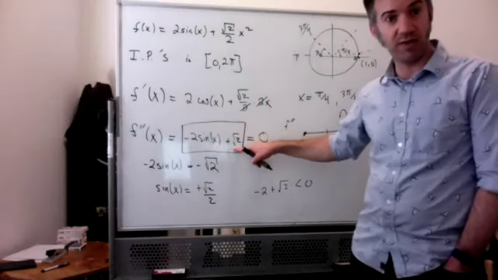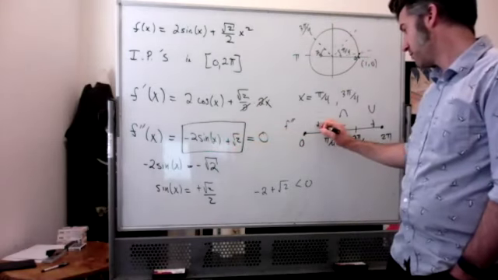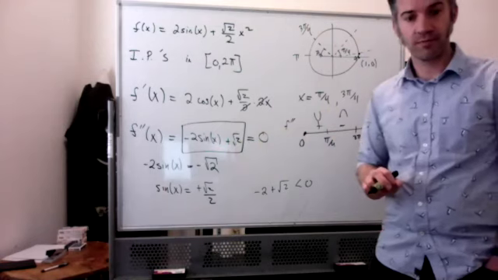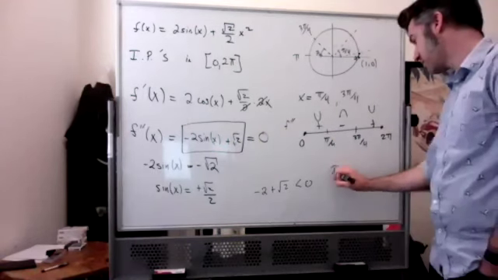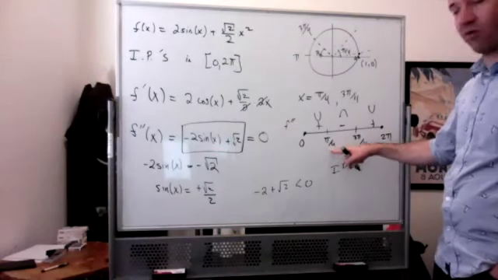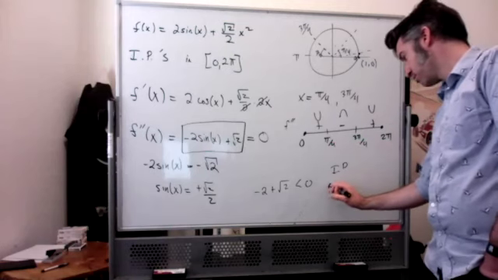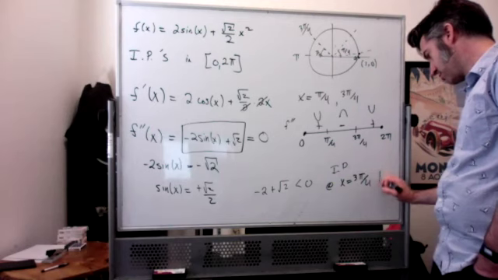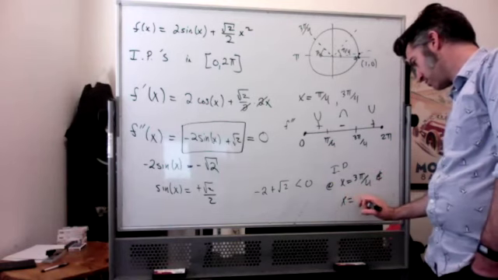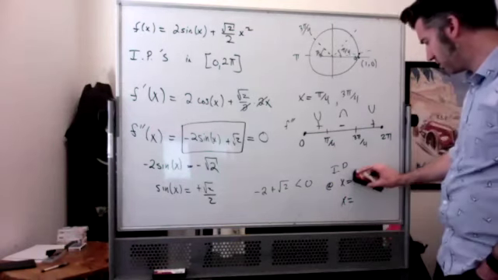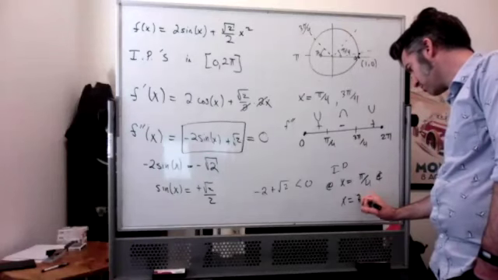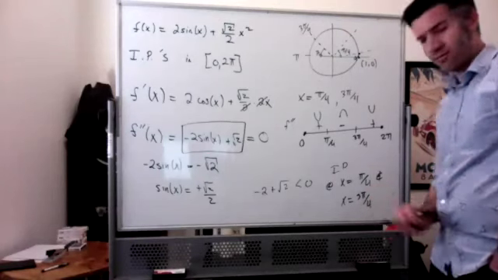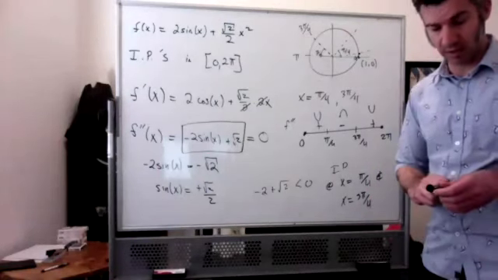If I add root 2, it's going to be positive. So I have inflection points at pi over 4 and 3 pi over 4. I wrote those out of order, though, for some reason. So there's my inflection points for this particular function.